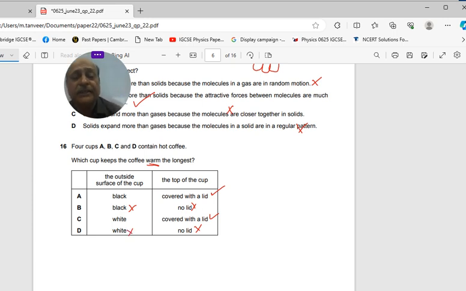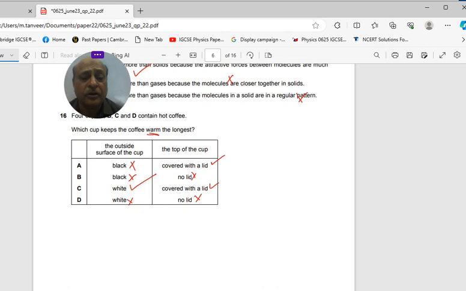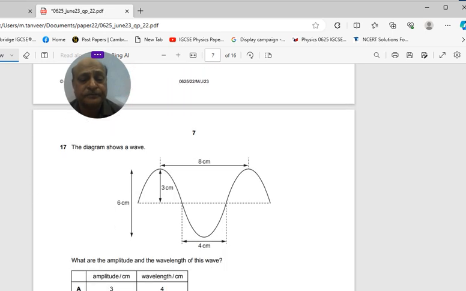Both cups are covered with lid, so they will keep the hot coffee for a long time. Black color absorbs and radiates heat much faster compared to white, so black is wrong. White is correct. White color will reflect all rays of light, so the coffee will remain hot for a long time.